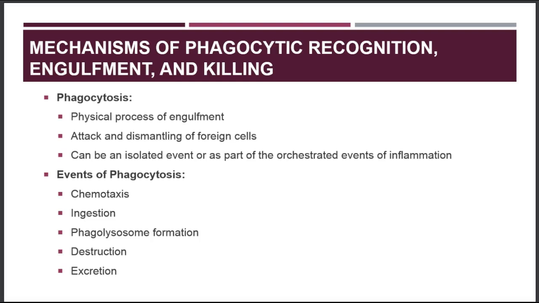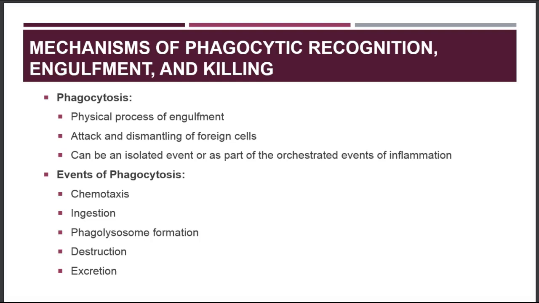So the mechanism of phagocytosis is the physical process of engulfment. Phagocytes act very much like amoebas. They have a very fluid kind of structure. They are able to create pseudopods that then engulf foreign material.